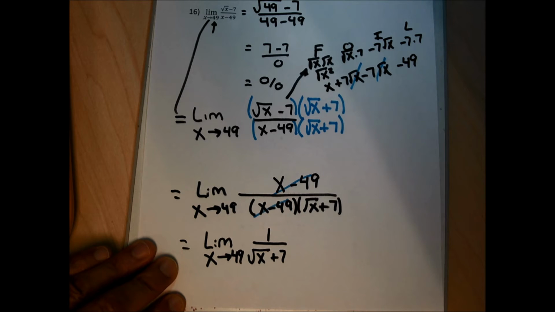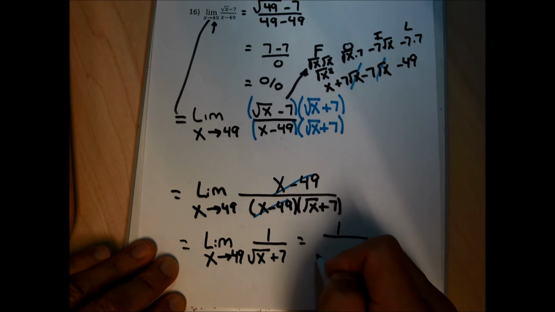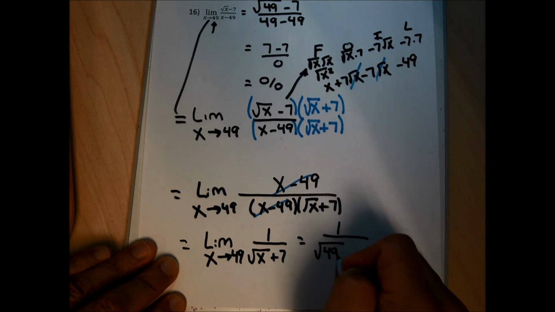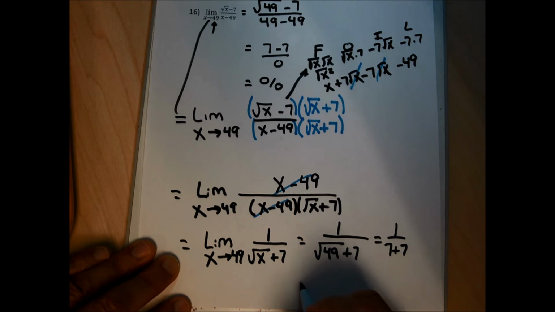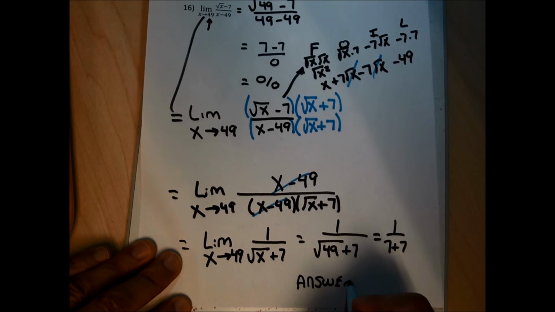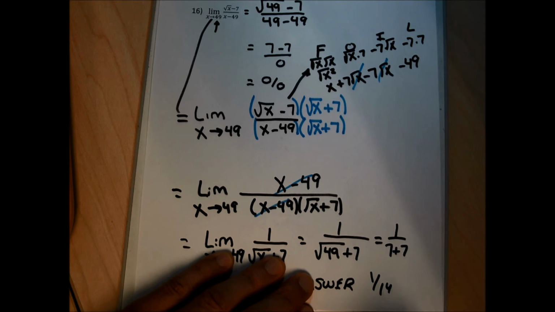I just have the square root of x plus 7 left. I'm going to plug in 49 for the x. I'm going to get 1 over 7 plus 7, because the square root of 49 is 7. And my answer to problem 16 is that the limit of that function as x goes to 49 is 1 over 14.